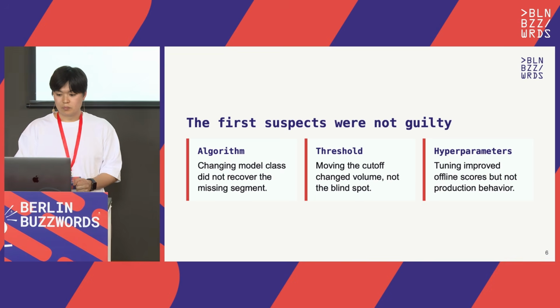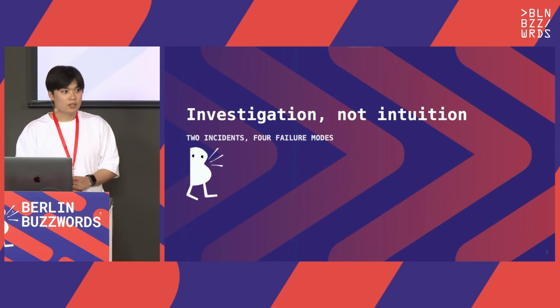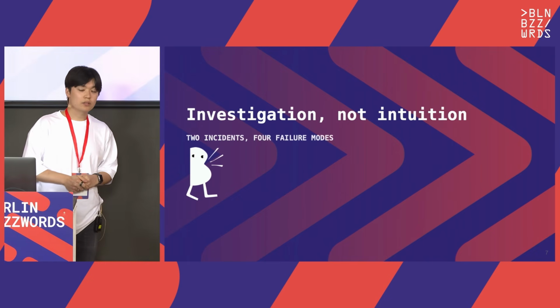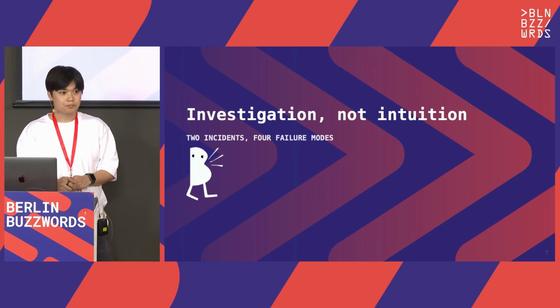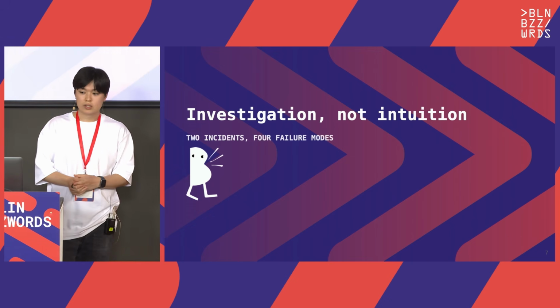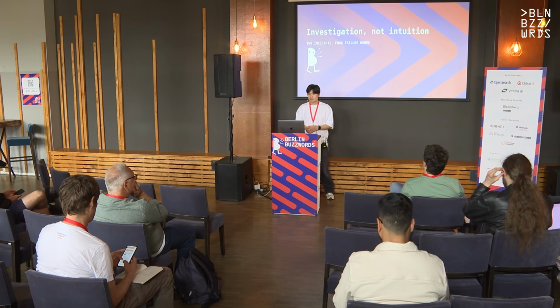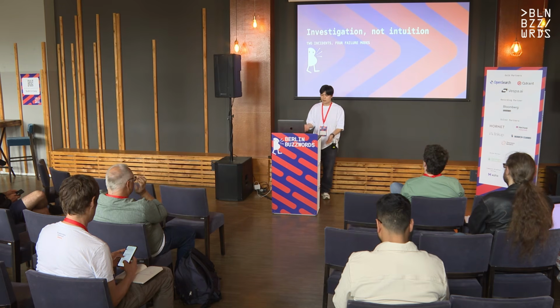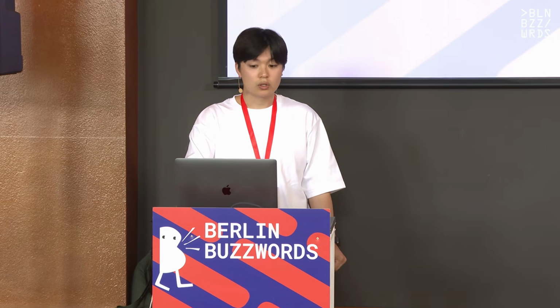We could also tune the hyperparameters of the model, but nothing of this helped us. So we tried to focus on another thing, specifically the training data collection. We understood that maybe something was wrong not with the model, but with how we collected the dataset we trained the model on.